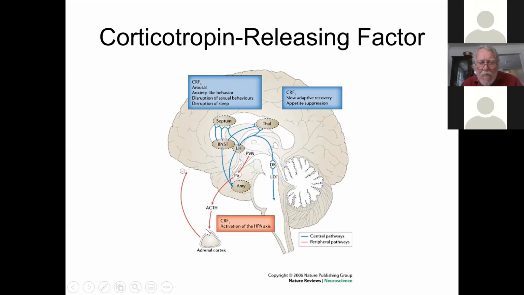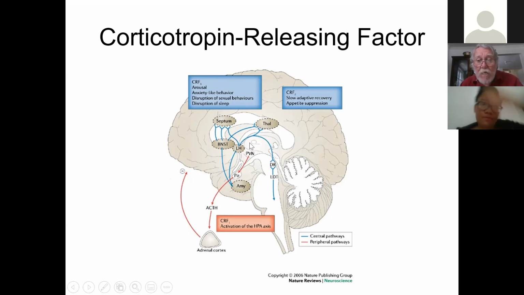And then the adrenal cortex releases corticosteroid, cortisol or corticosterone, which will produce both long loop inhibitory feedback on the PVN or short loop inhibitory feedback on ACTH-containing cells in the pituitary.